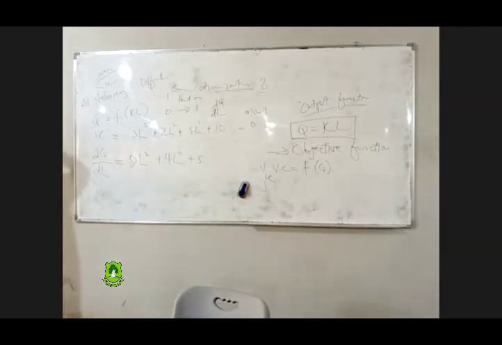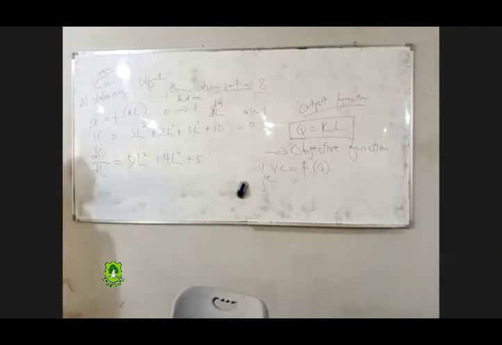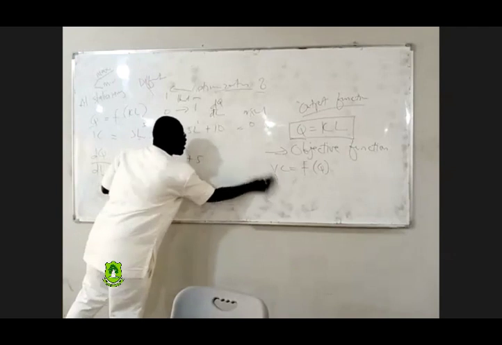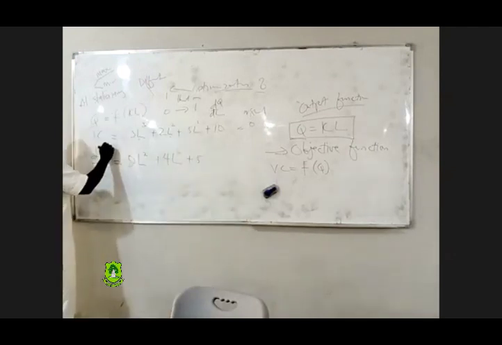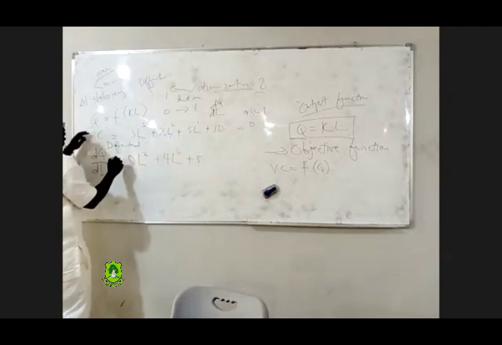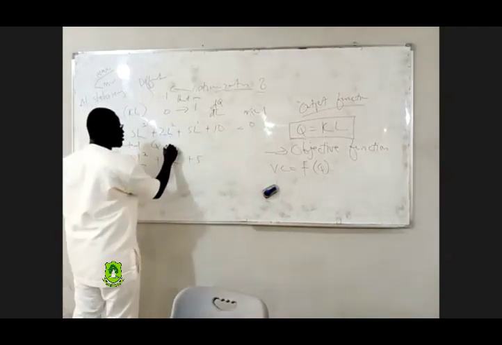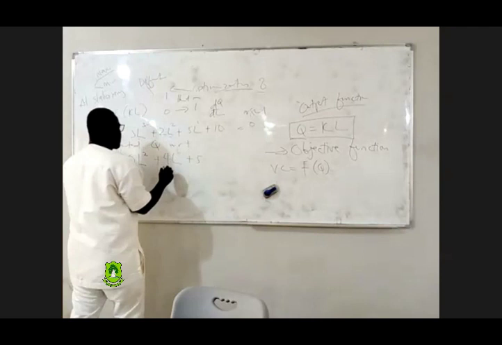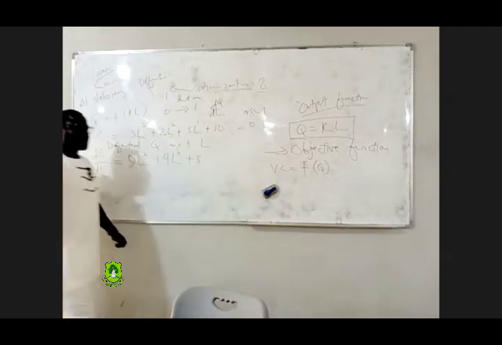So now we are concluding. Here we have differentiated Q, the quantity, with respect to labor, which is L, and this is what we are getting here.